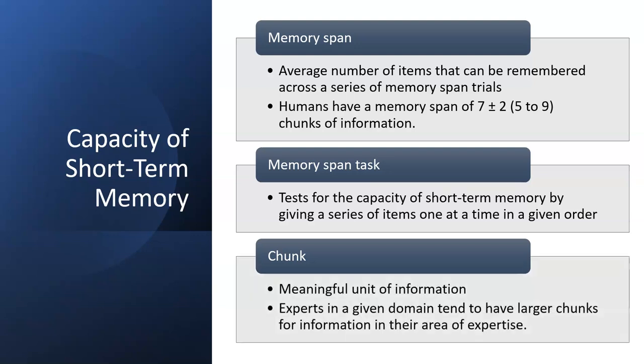Chunks are basically any meaningful units of information. So, in our telephone numbers, we have area code, and then the second set of numbers is more closely tied to your region. My area code is 330, which is one of several Northeast Ohio area codes, and then I have a Canton prefix, one of many, many Canton prefixes, and then the 4 numbers that are unique to my phone number.